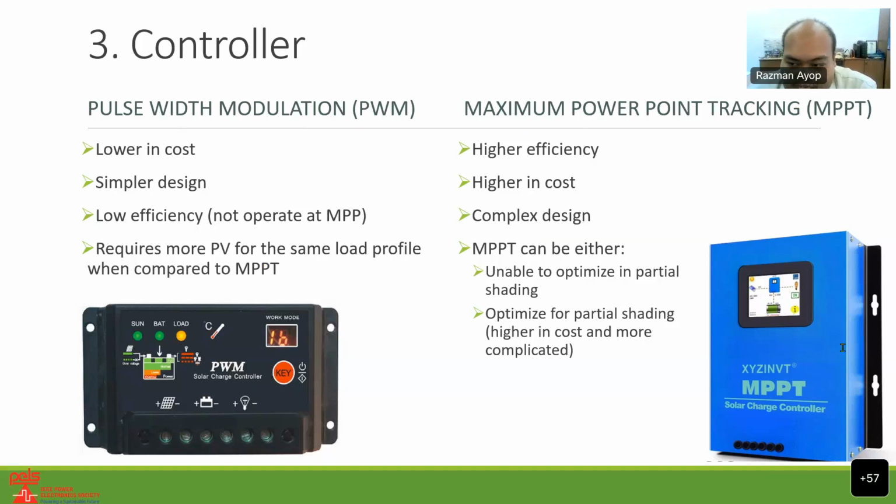And the second question is what type of algorithm is usually implemented in the MPPT controller? If not mistaken, it is usually the perturb and observe algorithm. That is the common one, but it actually depends on the company. Any more question before we proceed?